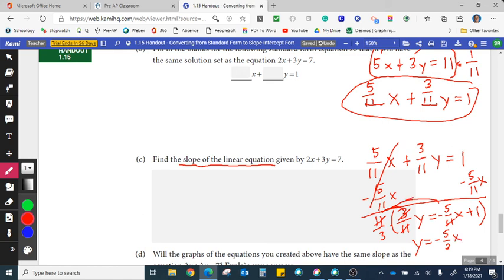And then I'm going to distribute that also to the 1, and I'm going to end up with plus just 11 over 3. And this is slope-intercept form.